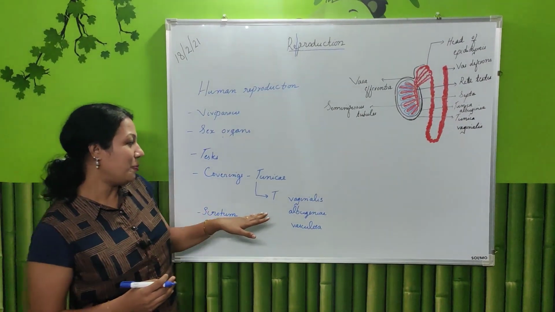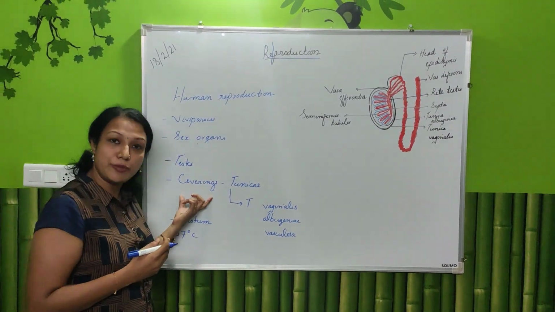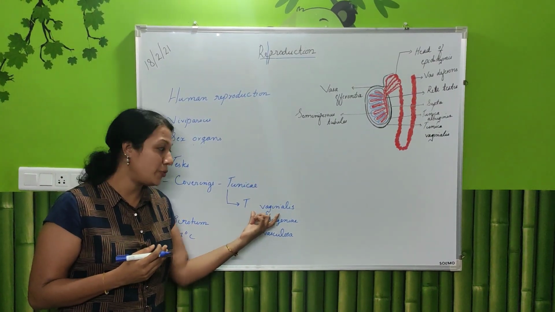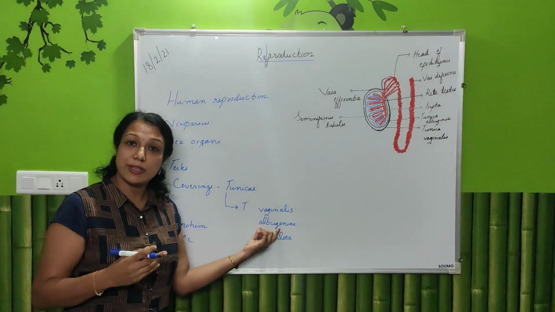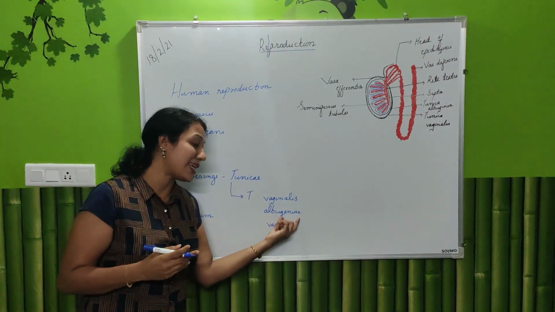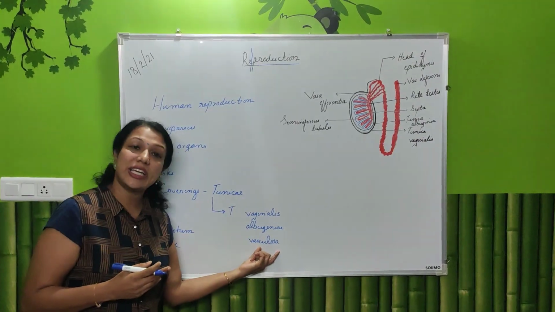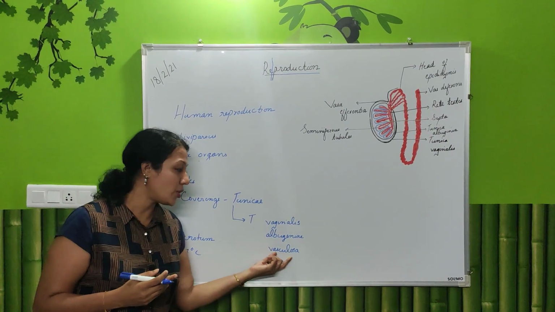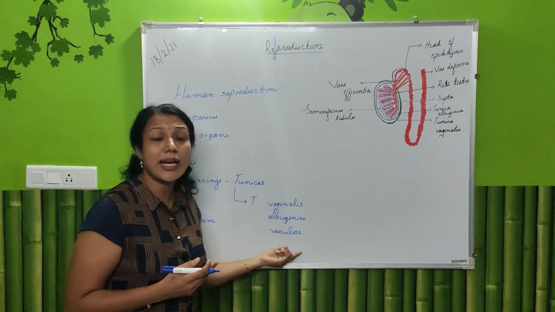Okay. Now coming to the structure of testis, the coverings of testis we will call as tunicae. The outer covering we will call as tunica vaginalis, that is the outer covering. Just inside that there is a fibrous covering that we will call as albuginea, and inside we have tunica vasculosa. As the name suggests, vasculosa, right? So capillaries are present, along with connective tissue.